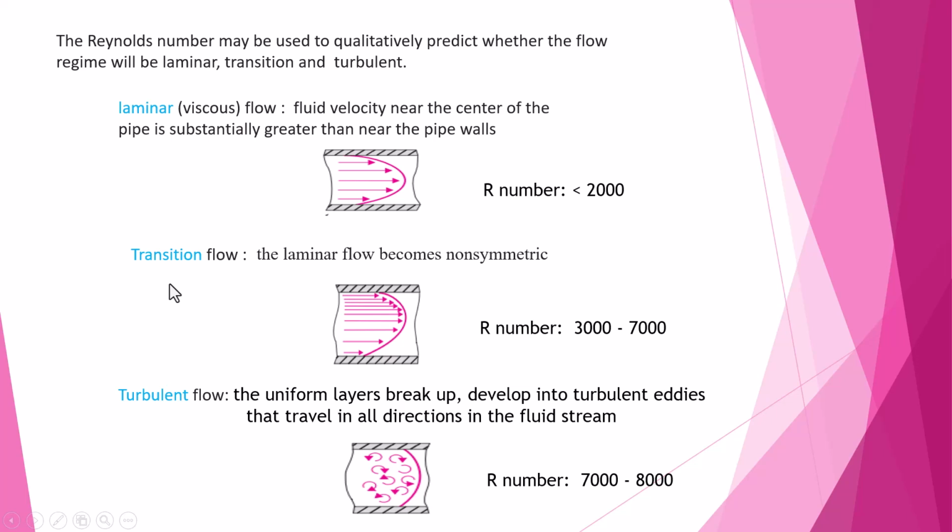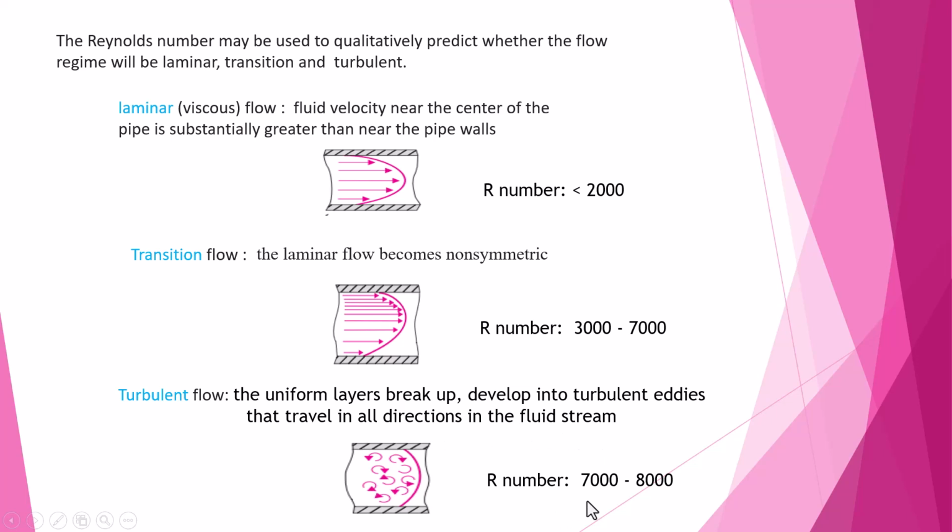Okay, transition flow. The laminar flow becomes non-symmetric. Its Reynolds number is 3000 to 7000. Third one is turbulent. Turbulent flow looks like this. The flow is no longer uniform, breaking up and developing into turbulent eddies that travel in all directions in the flow stream.